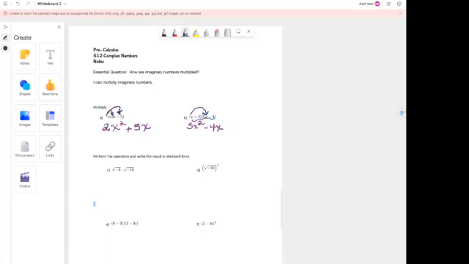Inside, 3 times 5x, which is plus 15x. And last, 3 times -4, which is -12. So adding the like terms, I get 5x squared plus 11x minus 12.